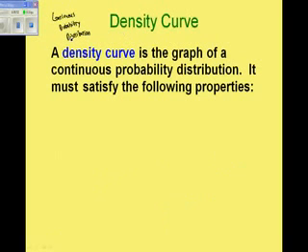When you have a continuous probability distribution, you can have what's called a density curve, instead of a probability histogram. So this is going to be a picture that tells me how the probabilities are distributed, but it's not going to be a histogram. It's a curve.